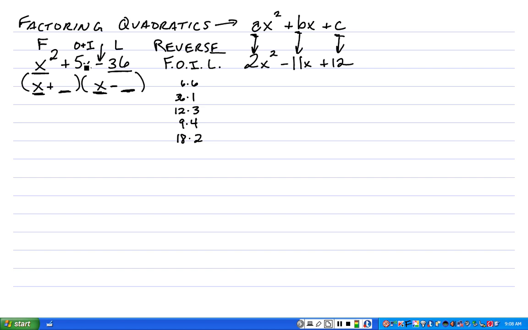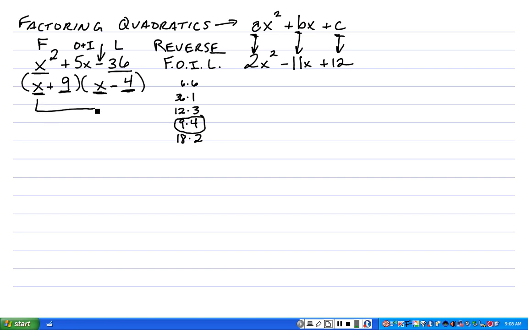So if I'm trying to get to a 5, I look at what could be subtracted to get there. That leads me to use the 9 and the 4. If I have a positive 9 and a negative 4, then that will get me to a 5x. So let's look.